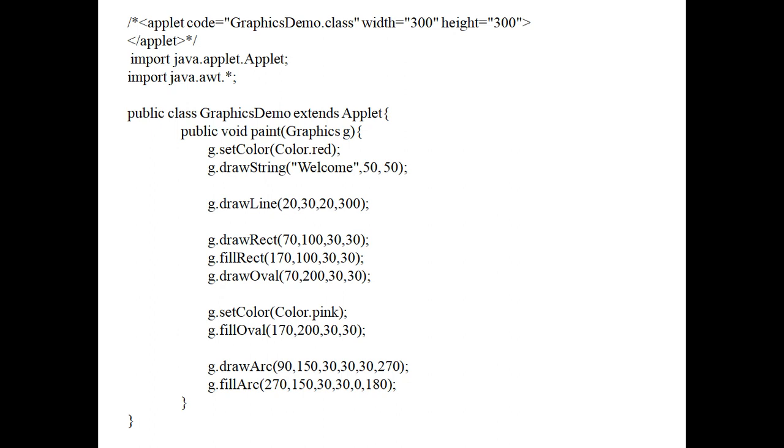So in this program, I've used various methods that belong to the Graphics class, and all these methods must be invoked inside the paint method. So I define my class, extend the Applet class, and define the paint method. Inside the paint method, using the object of the Graphics class, I will call the different methods that are present in the Graphics class.